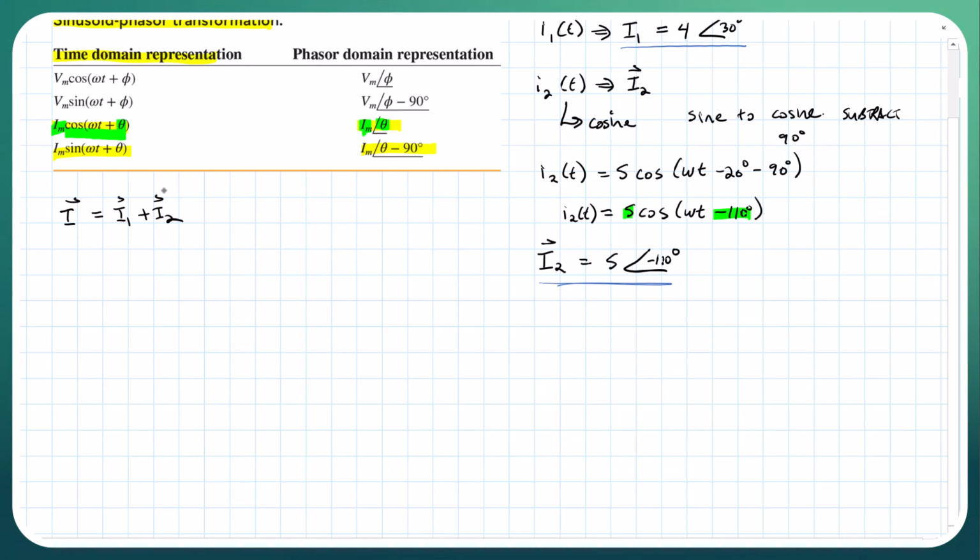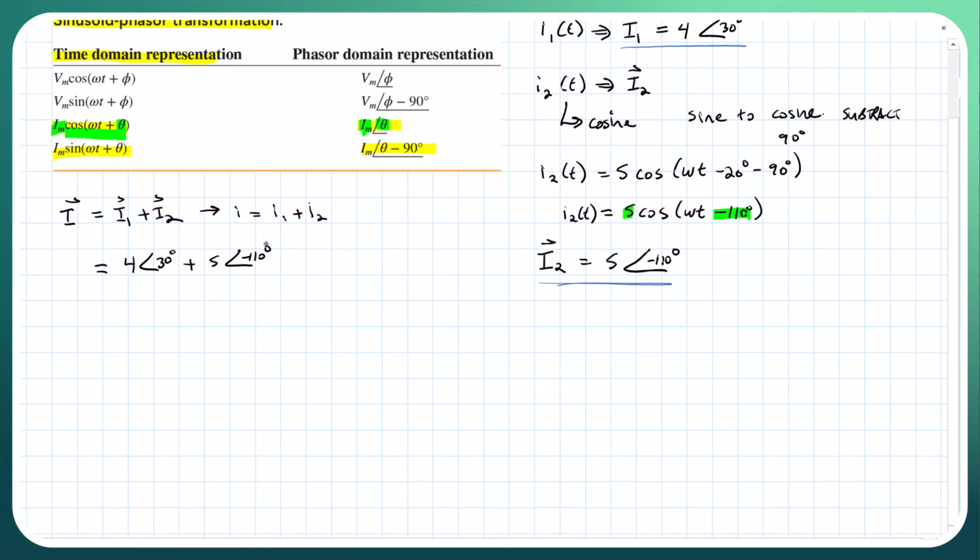And that eventually is going to give us, when we convert back to the time domain, I equal to I1 plus I2. That's what we're trying to get to. So to do that, we just plug in the numbers. We have I1 is 4 angle 30 degrees plus 5 angle minus 110 degrees.